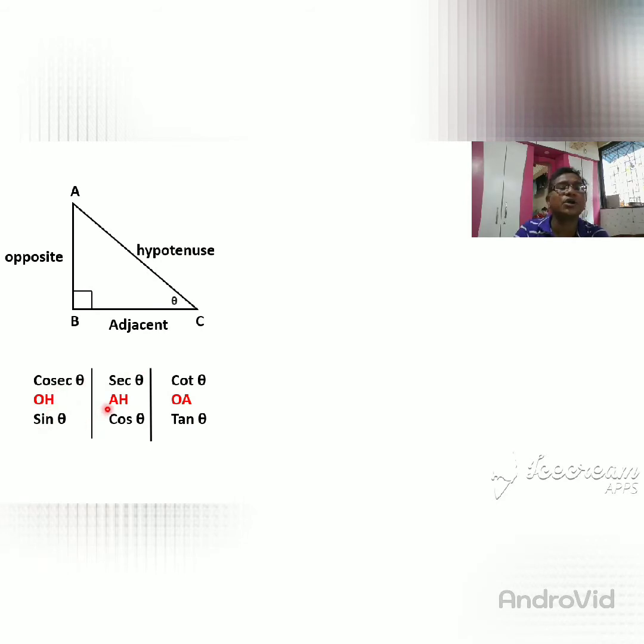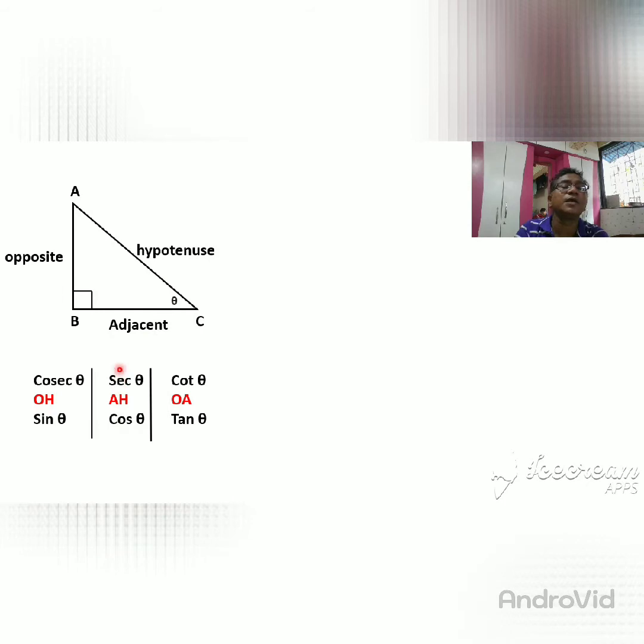HA means adjacent over hypotenuse. So this is the theta. Theta's adjacent is BC, and H means hypotenuse. So BC upon AC. This is cos theta. A means adjacent. So theta's adjacent is BC, divided by H, hypotenuse AC.